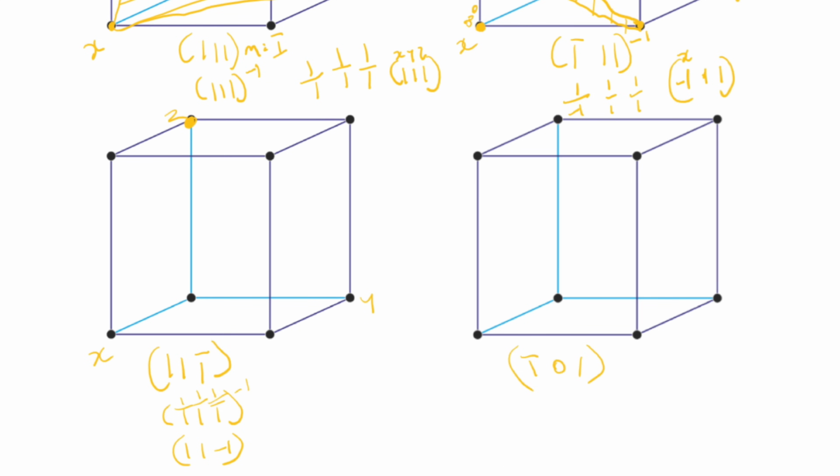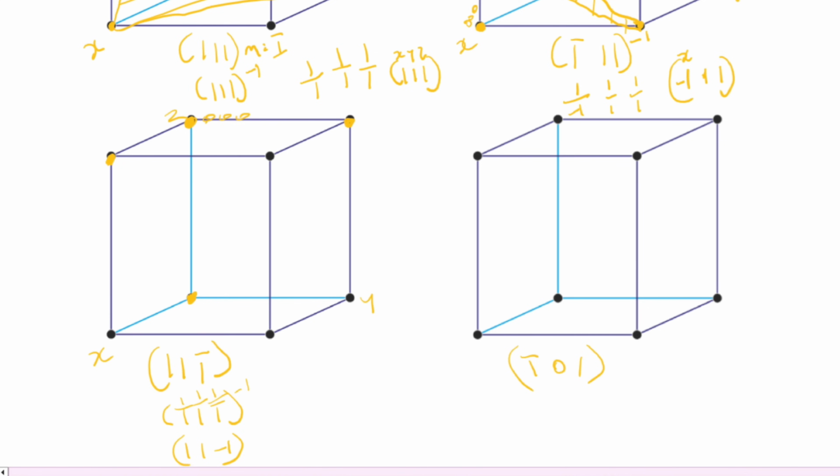So we know from here our x is 1, so we travel 1 forward. This is our origin. And this is our origin. So x is 1, our y is also 1, and our z is -1.